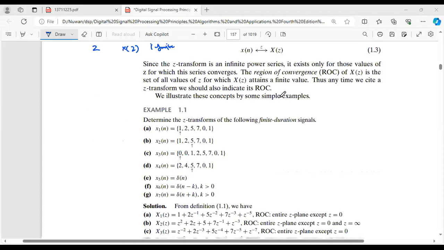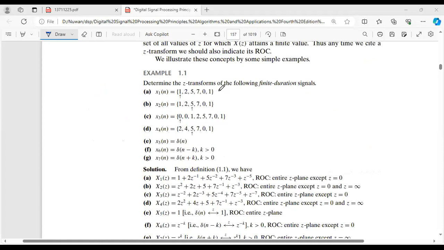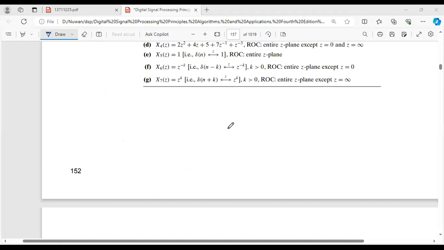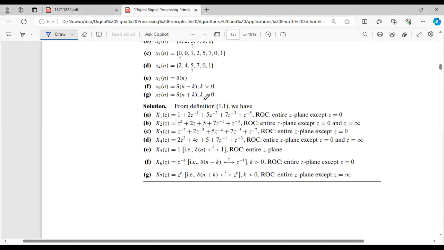We have done some examples. In yesterday's class we did one example.